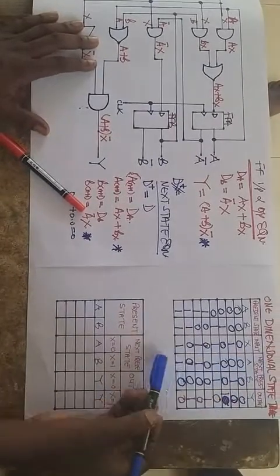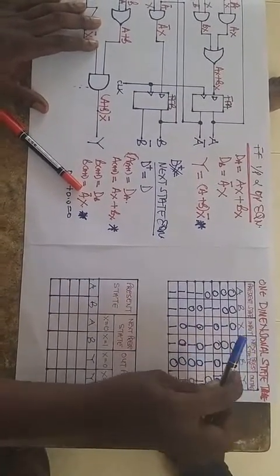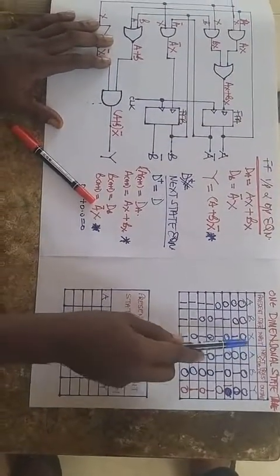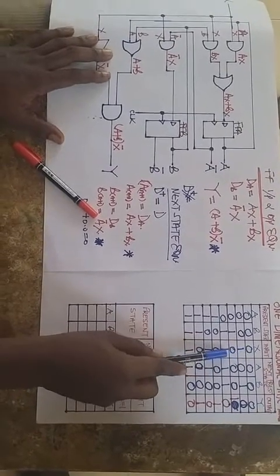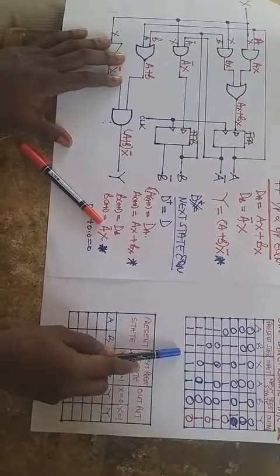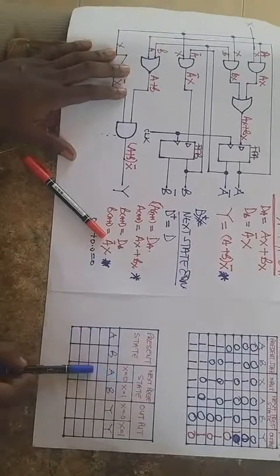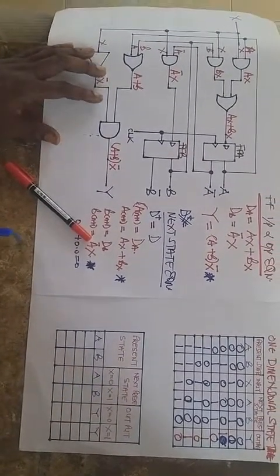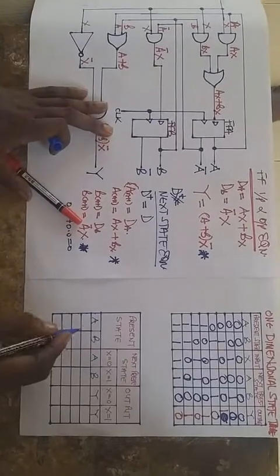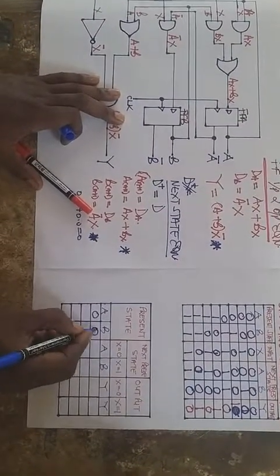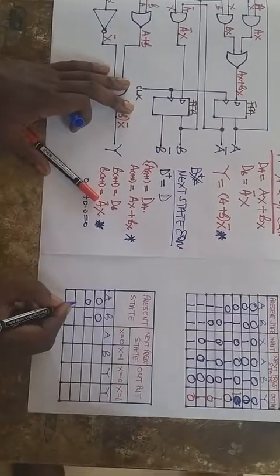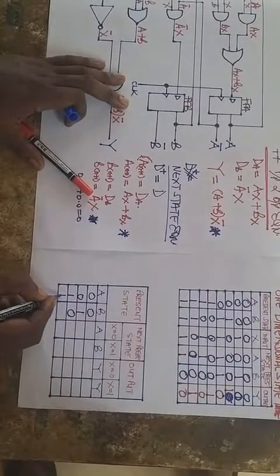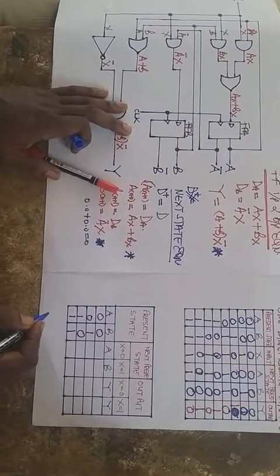When we bring it here, the same thing. In the one-dimensional, we have the input being 0 or 1, 0 or 1, again and again. This time we are grouping all the zeros under one column, and all the x equal to 1 under another column. So we are going to have 00, 01, 10, and then 11.